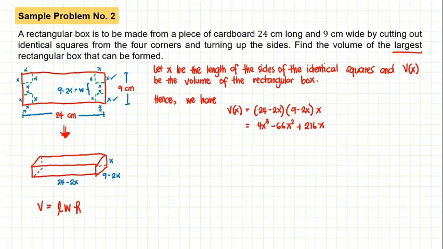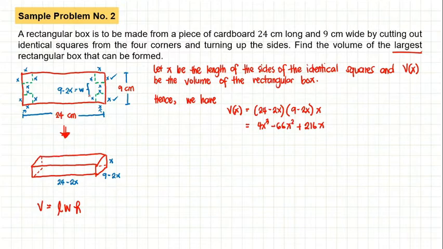The next step is to determine the critical values, and the closed interval. As you can see here, our box is restricted by the dimensions of our cardboard. To make a box, we need to cut out four identical squares.